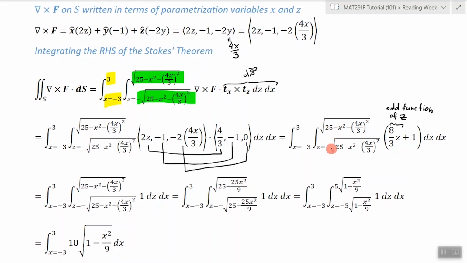You see it goes from negative something to positive that same something, right? So this is a symmetric interval. So when you integrate, this term will integrate to 0, because this is what happens when we integrate an odd function over a symmetric interval like this.